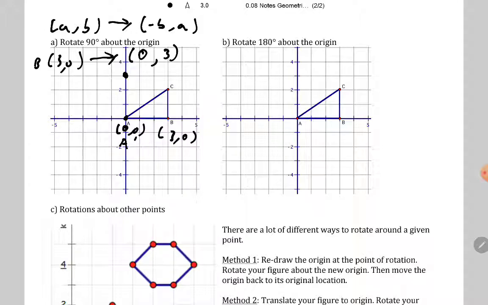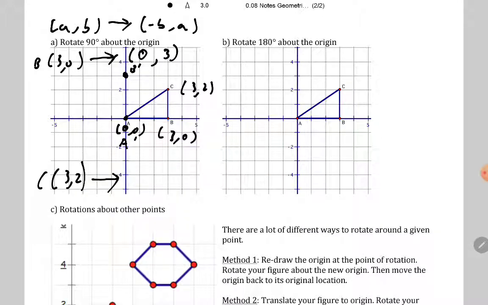And then C is at, so here's B prime. C is at 3, 2. Okay. So this is going to get moved about. So C is 3, 2. Oops.